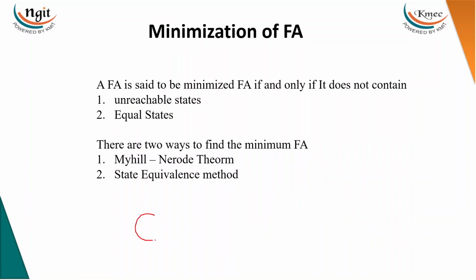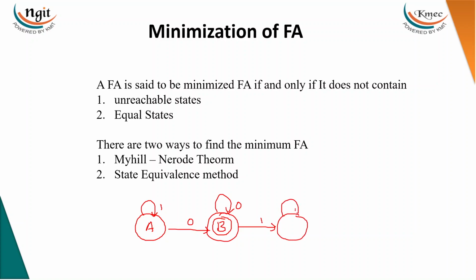Assume that we have an automata like this: A with transitions on 0 and 1, B is the final state, and C with transitions on 0 and 1. We have 3 states.